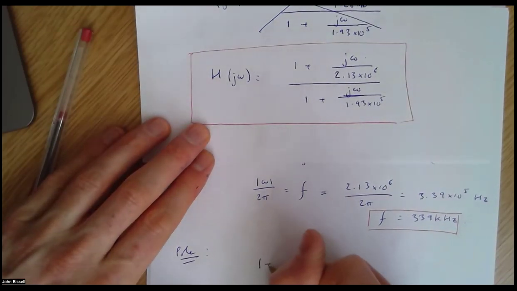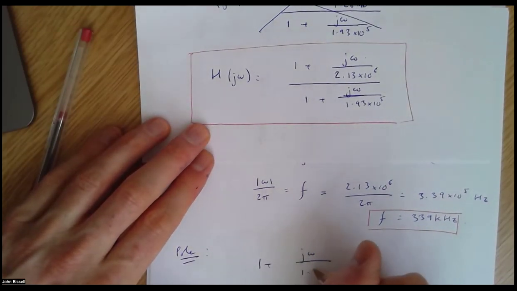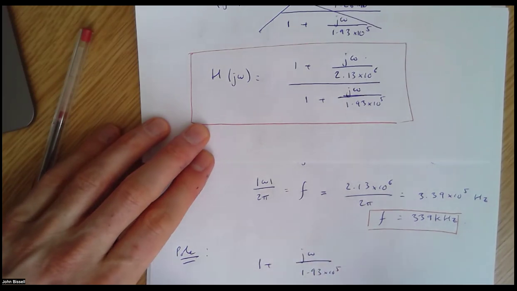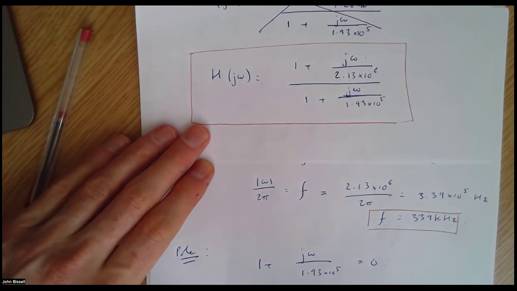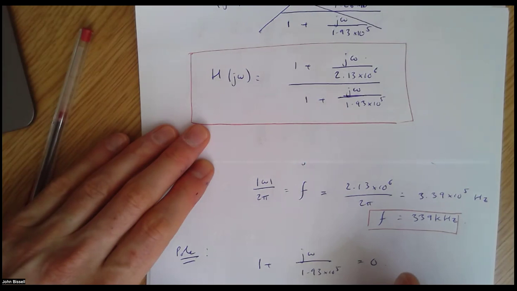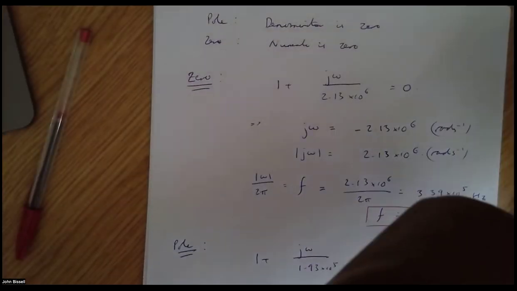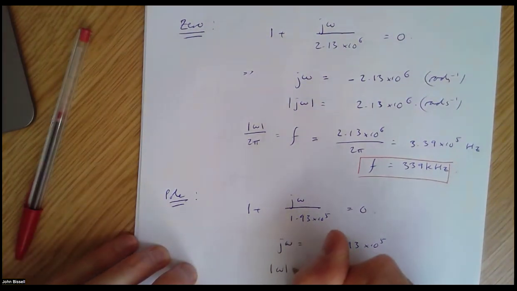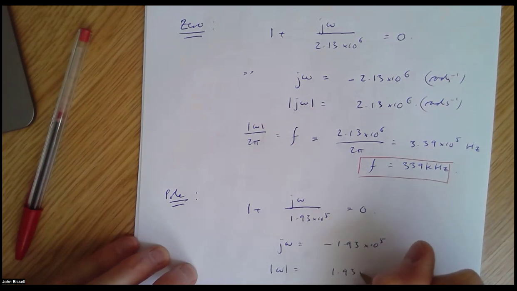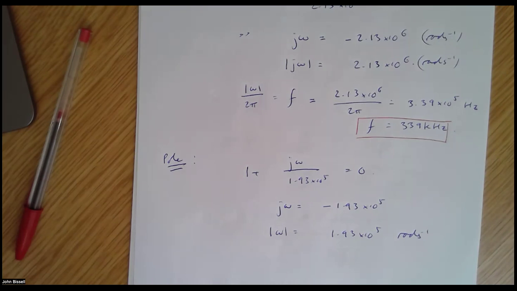So we need 1 plus j omega over 1.93 times 10 to the 5 to be equal to 0. So we need j omega equals minus 1.93 times 10 to the 5. And the magnitude of that then is 1.93 times 10 to the 5 radians per second. Okay?